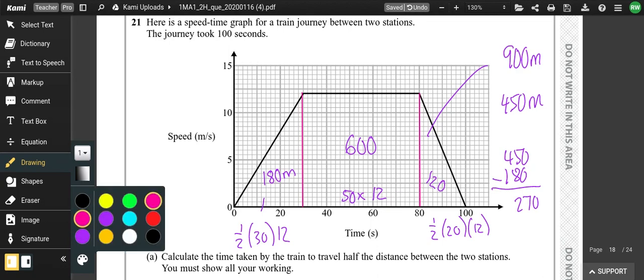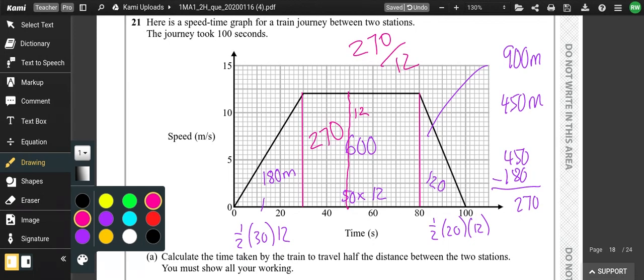270 meters, how much of a width would we have to go to get 270? So let's say it's there. We know the height is 12, and we know the area needs to be 270. So we can do 270 over 12, and that will tell us the width, which in this case will be the time.